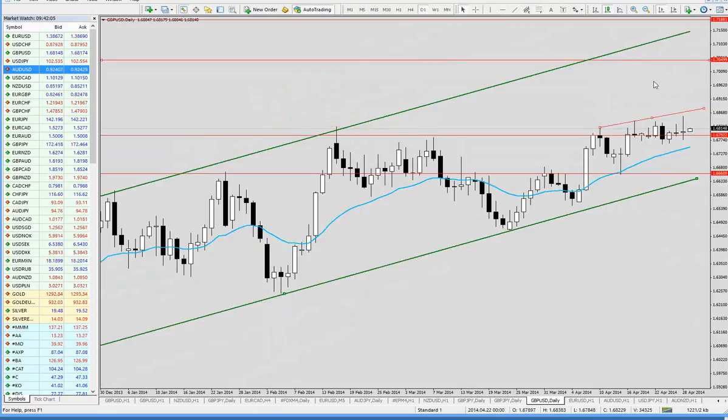So guys, intraday, as long as we are below this supply zone, I would look for some intraday selling opportunities towards 67.75, 67.50, maybe 66.60 intraday.